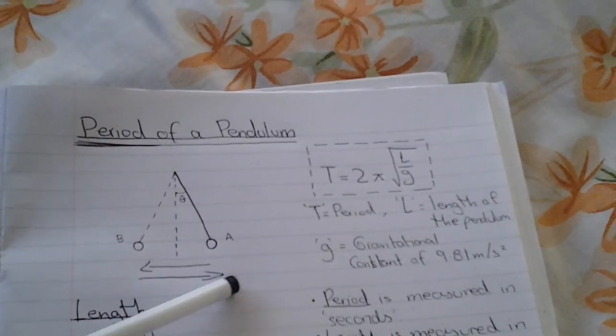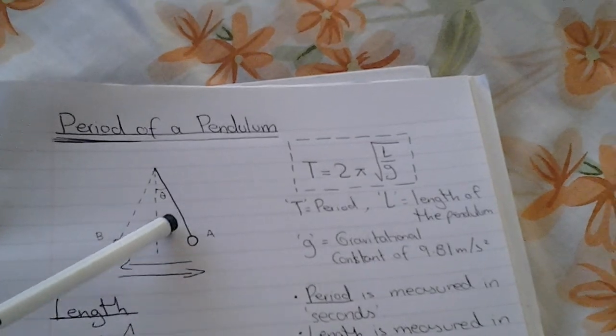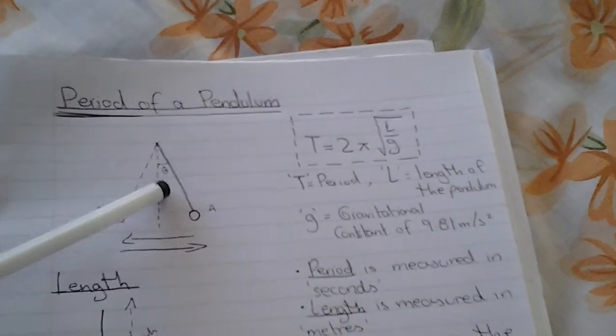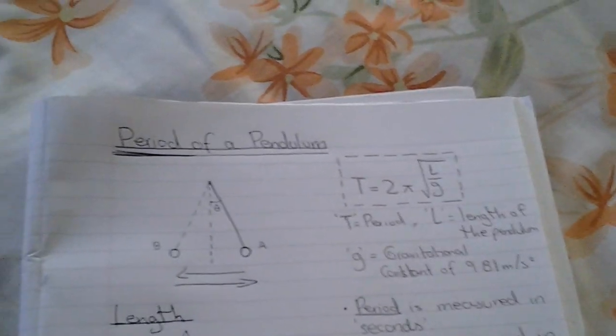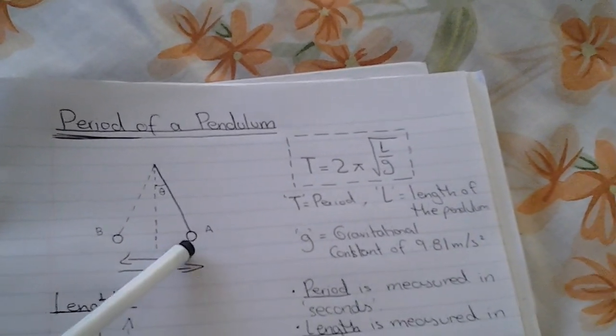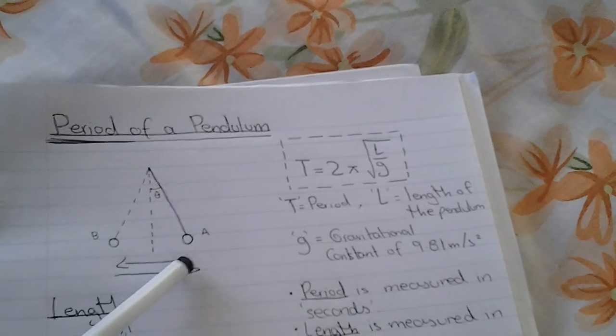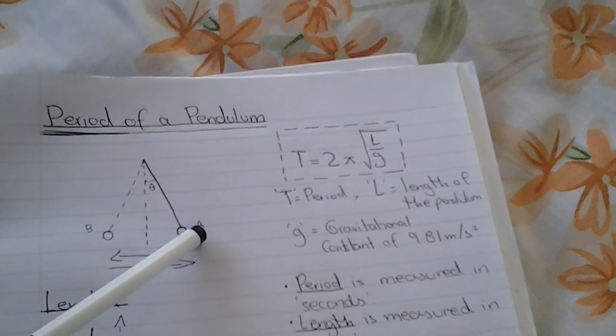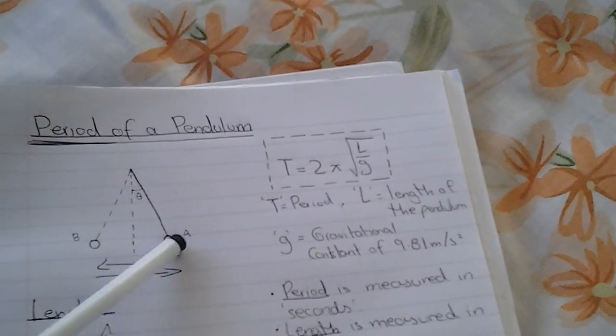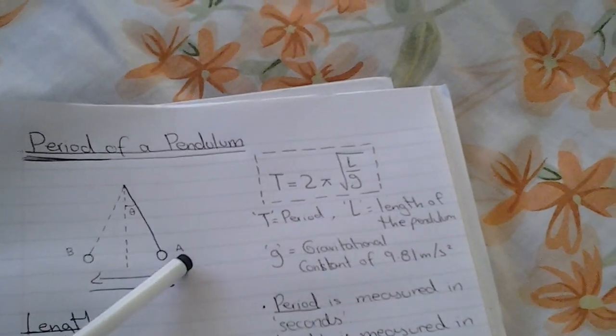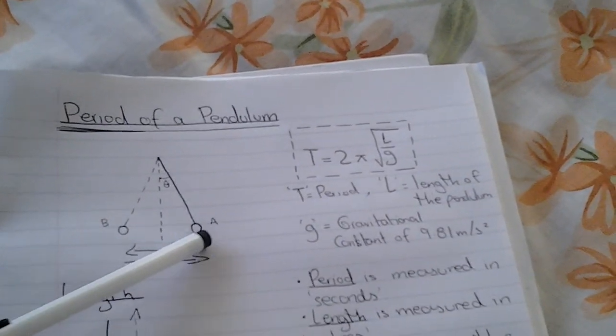Let's say you hold out that bob at an angle theta, any angle, and you bring that pendulum to point A. Let's call that point A, and you release it.